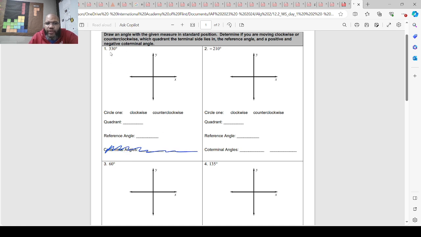Okay, so let's do this one. 330. I know that this starts off as 0. This goes to 90. This goes to 180. This goes to 270, and then this goes back to making it 360. Well, 330.